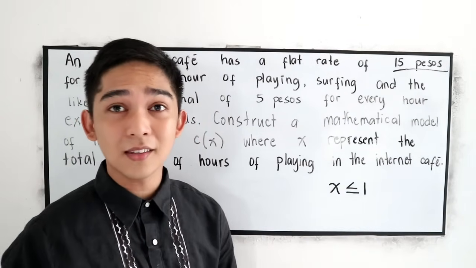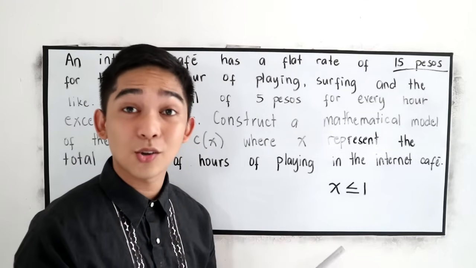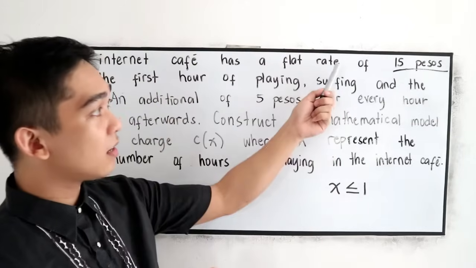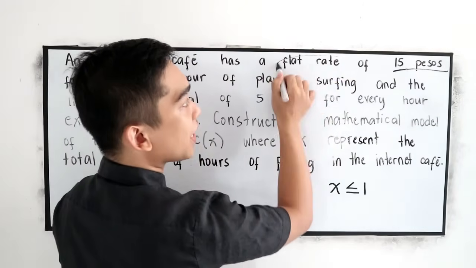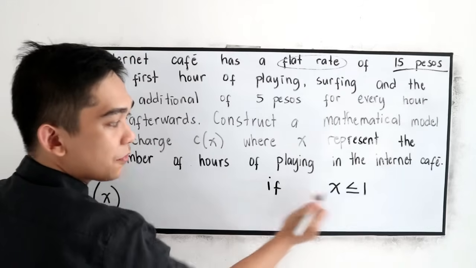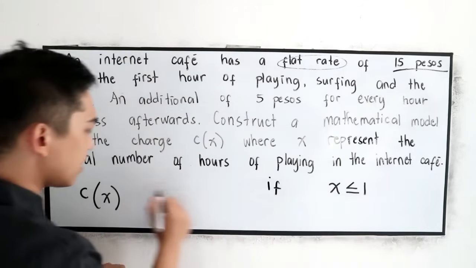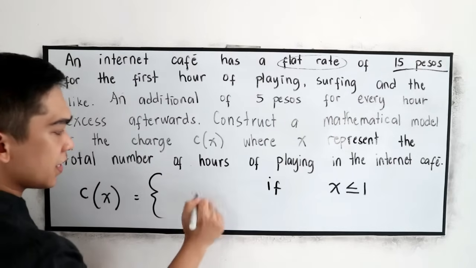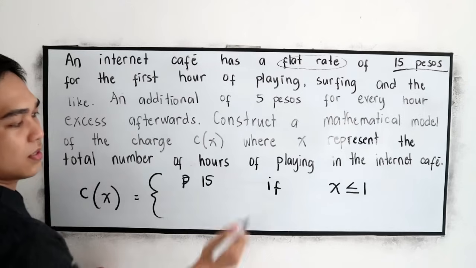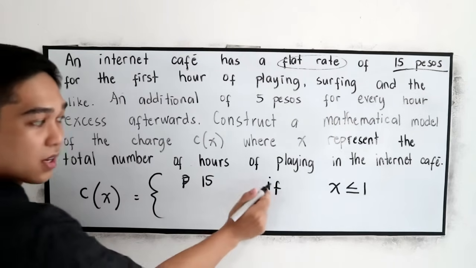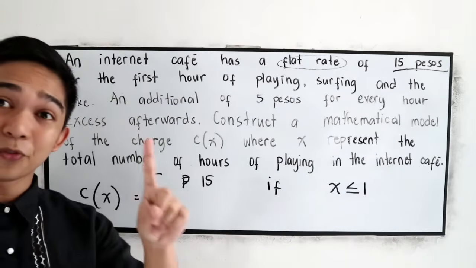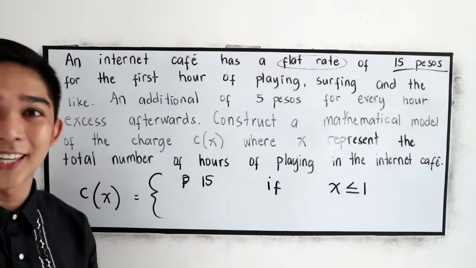So, ibig sabihin, mas mababa sa isang oras o kaya eksaktong isang oras. Magkano yung babayaran niya? Meron tayong flat rate na 15 pesos. If x is less than or equal to 1, ang babayaran niya ay 15 pesos. 15 pesos if x is less than or equal to 1. Ayun. Yun yung first na condition natin.